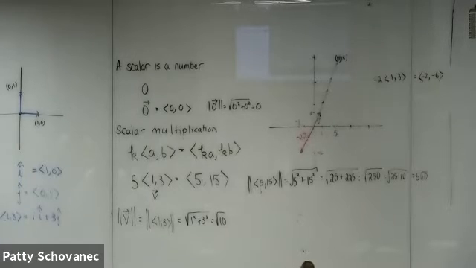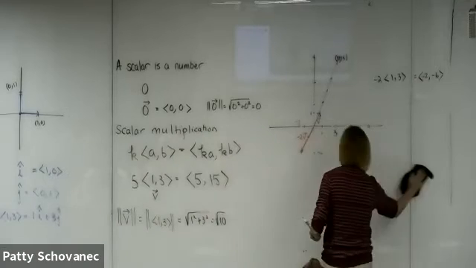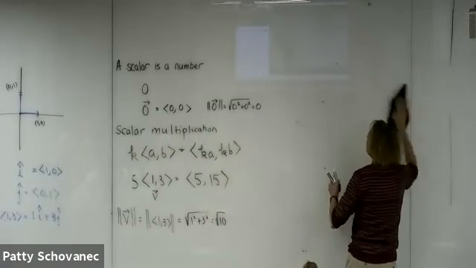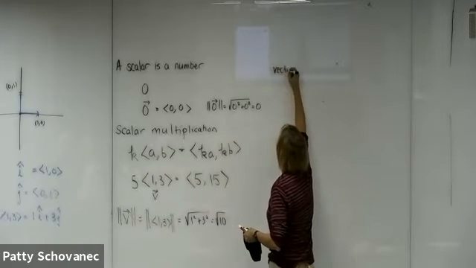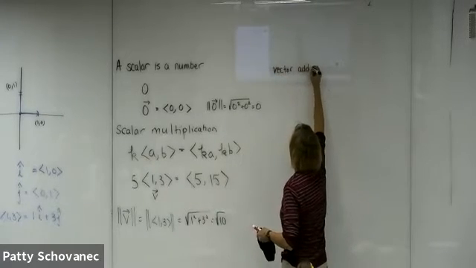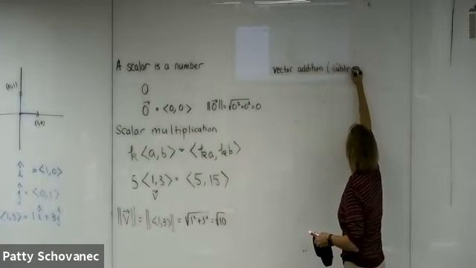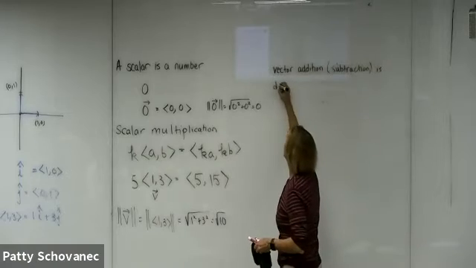So I've got to tell you what it means to add vectors. To add two vectors, you do what you think you should. You add them component-wise. Vector addition or subtraction is done component-wise.